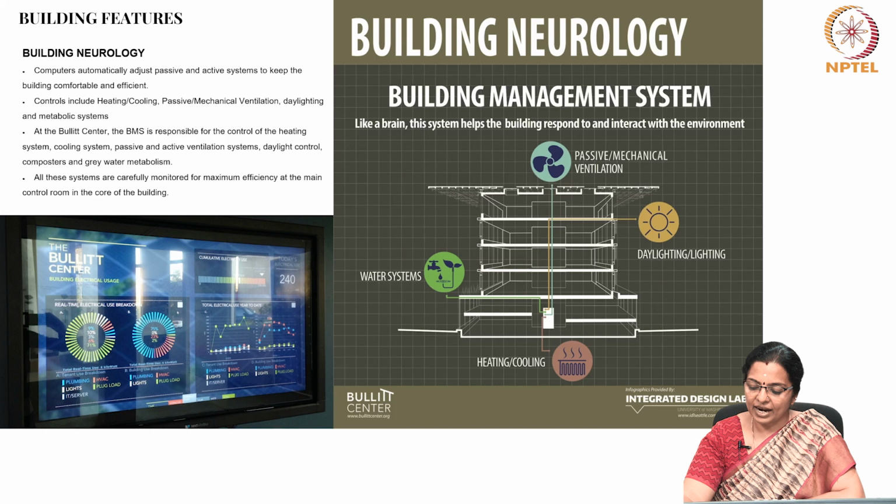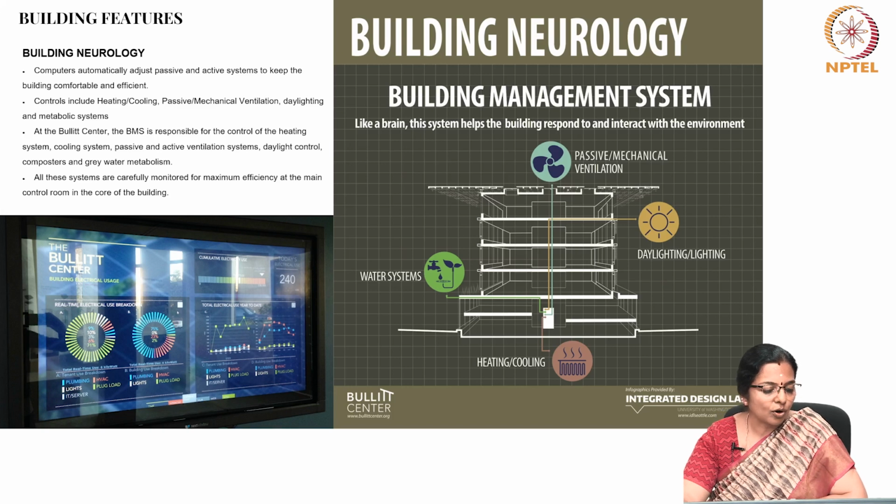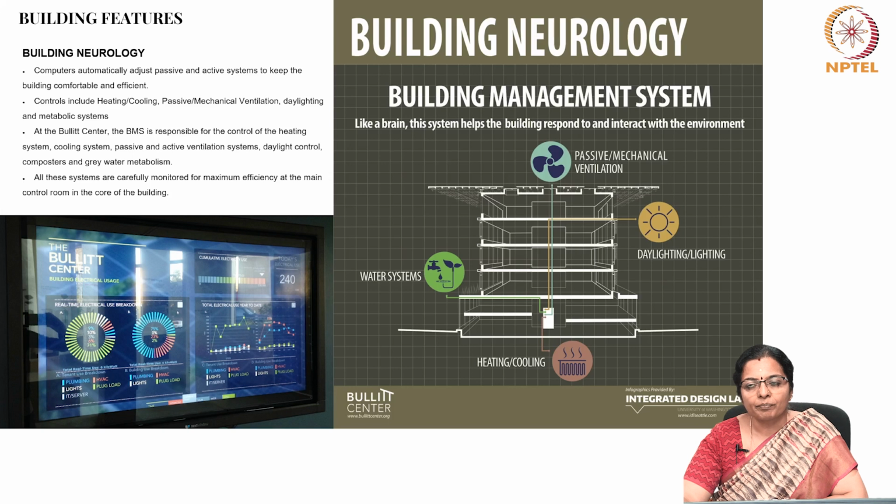Next, we look at the building neurology. Computers automatically adjust passive and active systems to keep the building comfortable and efficient by means of the building automation system. These controls include heating, cooling, passive ventilation, mechanical ventilation, daylighting and other systems.